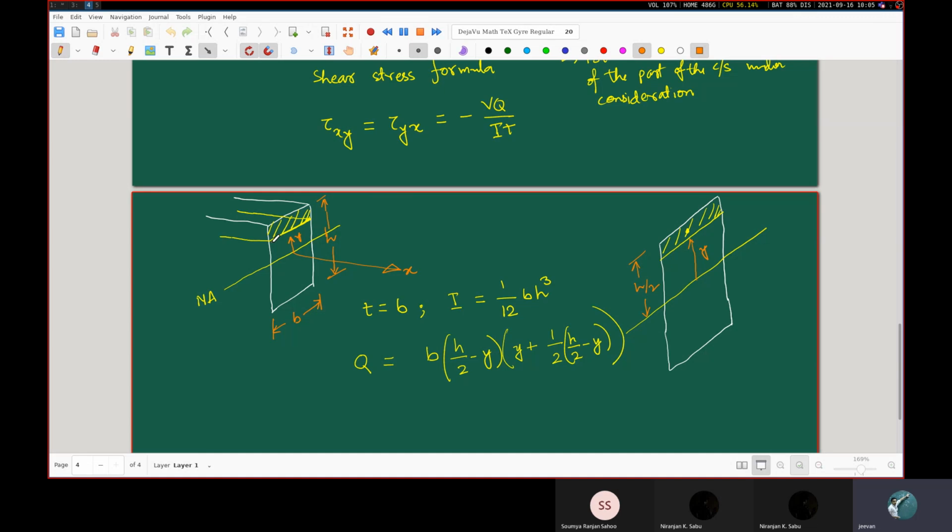Under consideration means if we wish to find the tau yx here or the tau xy here, then this hatched part is the relevant cross-sectional area.